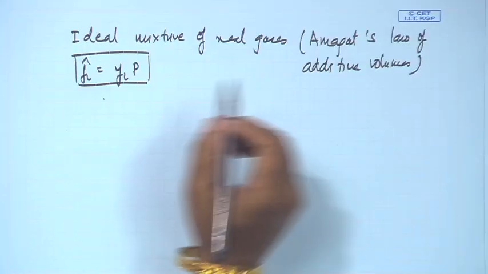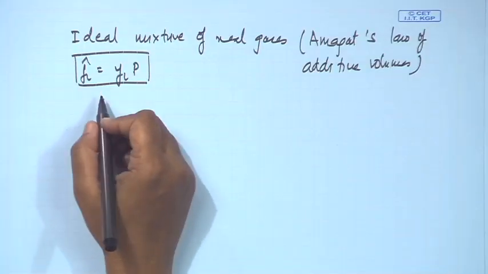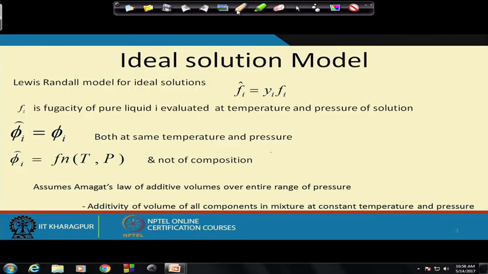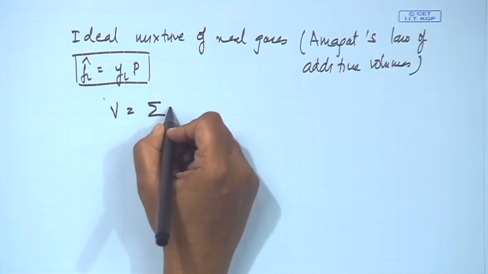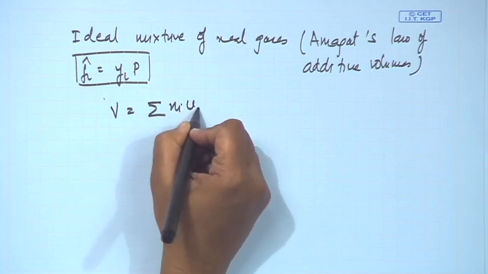Now, what does Amagat's law suggest? It basically suggests that the volumes can be added over the entire range of pressure that we consider. So, the total volume of the mixture is equal to the sum of Ni Vi.